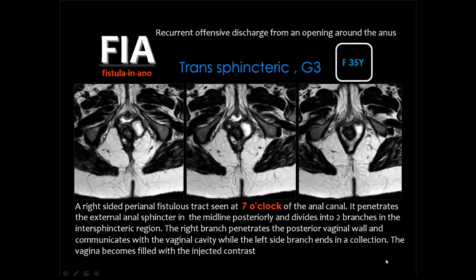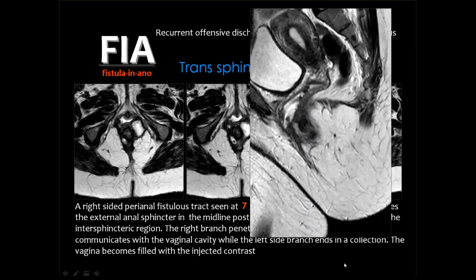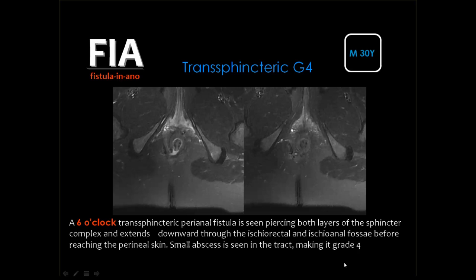Then the right branch has connected to the vagina, and the left one has ended in this collection. If the fistula is associated with an abscess or side branch, then you consider grade 4.